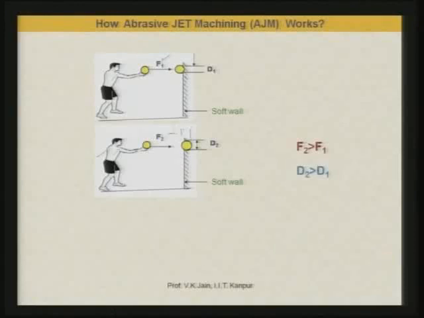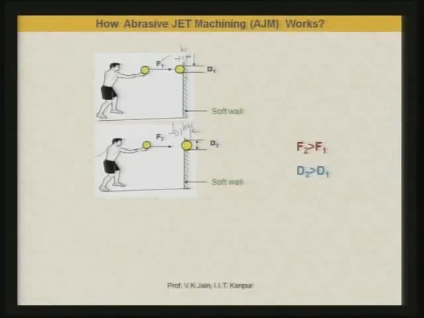As you can see here, H2 is larger than the depth to which it penetrates in the case of force F1. So, this will depend upon with what velocity person 1 is throwing the ball and person 2 is throwing the ball.